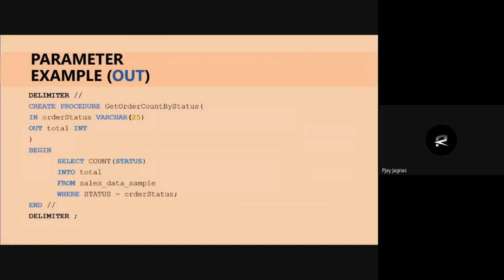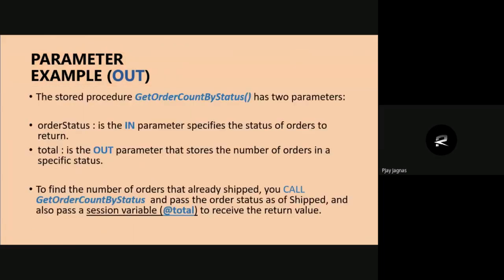So parameter example: out. Below is the example code. The stored procedure get order count by status has two parameters. Order status is the in parameter that specifies the status of an order to return.